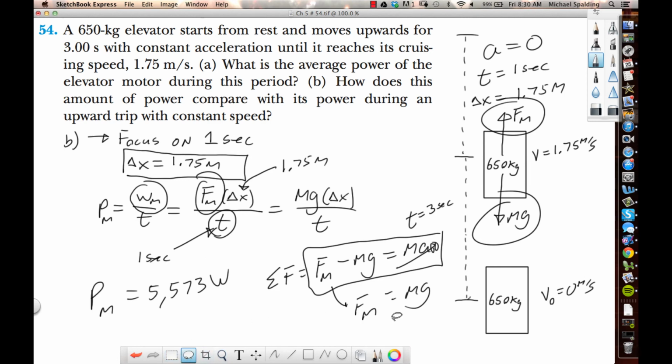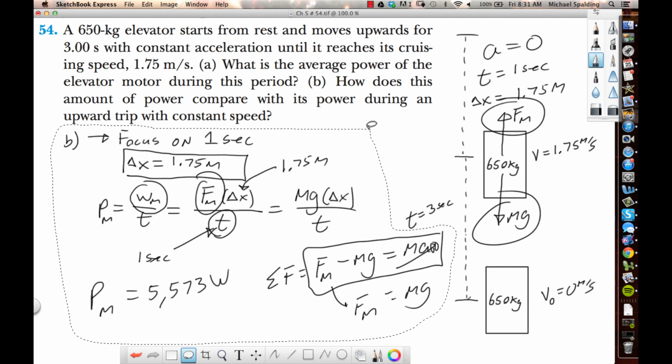Okay, what's the other way you could do this? What's the other way to look at power? What's the answer? What does this come out to be?